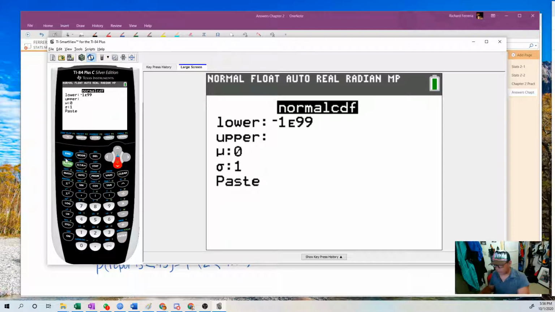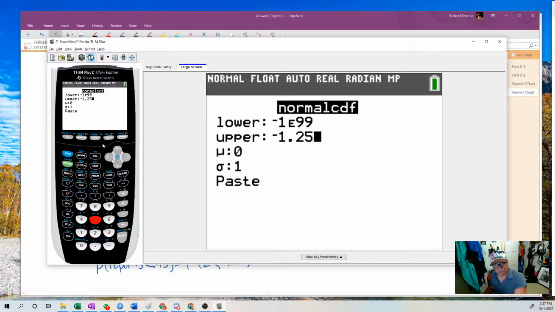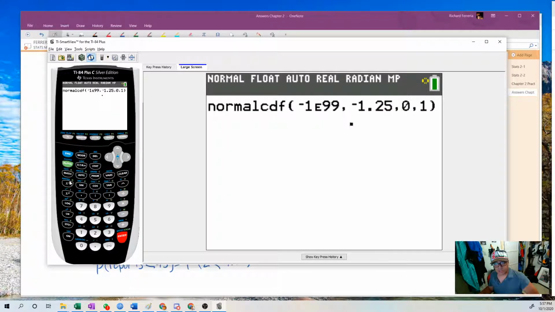The upper bound is going to be negative 1.25. If you go back to the curve, you can see this area goes all the way until we get to a z-score of negative 1.25, then we stop. So that's the upper bound, or the right bound, of the area. Since we're dealing in z-scores, we're going to go with 0 and 1, and then paste, push enter.